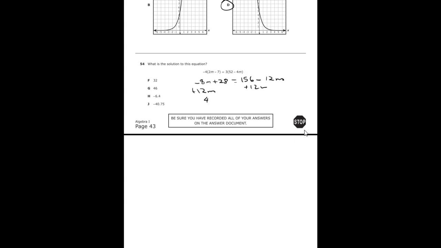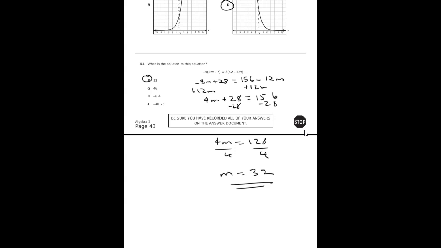So you have 4m plus 28 equal to 156. So we're going to subtract 28. So 4m is equal to 128. You divide both sides by 4. M is equal to 32, which is this option right here.